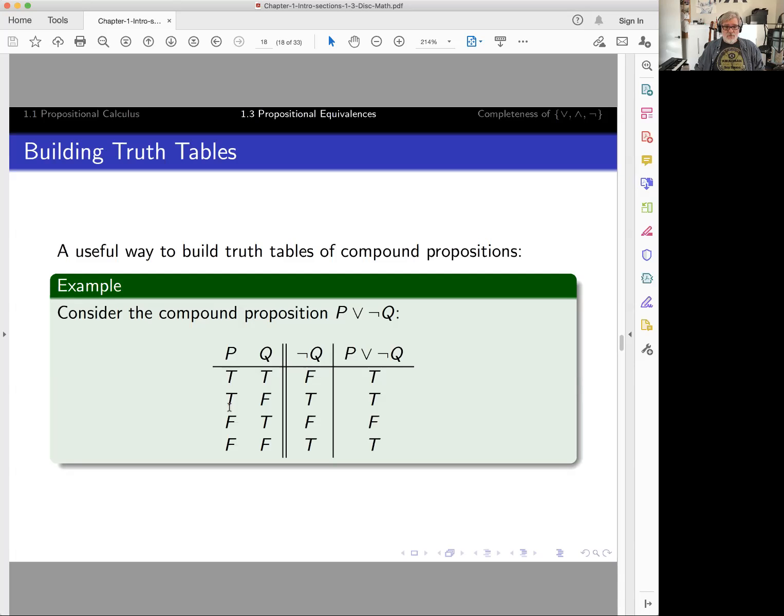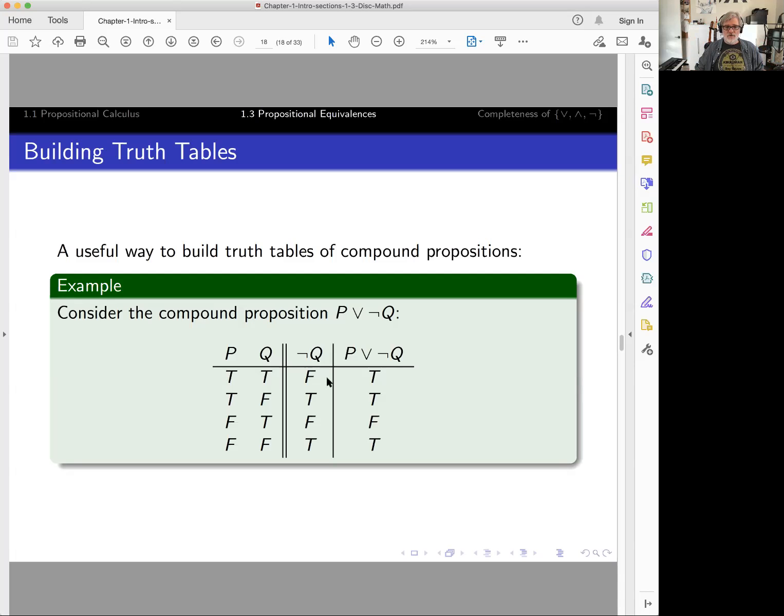So I have my 4 possible pairs of values for P and Q: true, true, true, false, false, true, false, false. I can then compute first not Q, right? It's a component in my compound proposition, P or not Q. And then I can compute the OR of P and not Q. If you remember, OR lights up as true as long as one of the two is true.